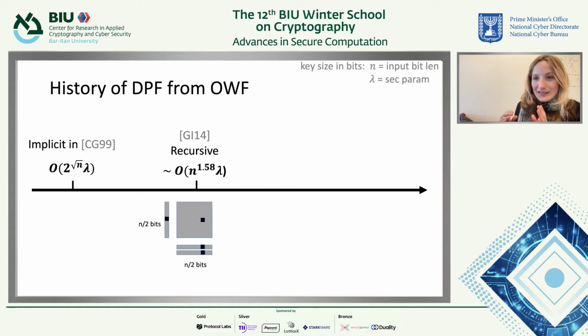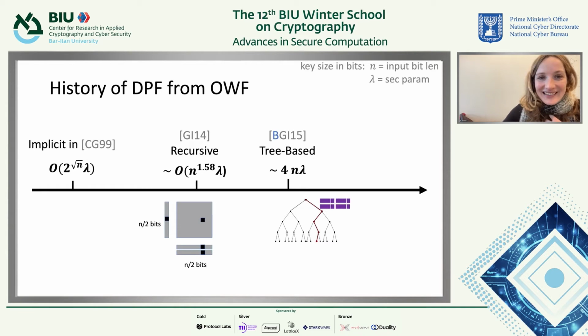And then each of those, in fact, is a point function that can be expressed as a tensor of smaller point functions and so forth. Not going into details there. And the complexity that you end up getting here: each time you cut the input bit length by half, but instead of getting one big point function, you end up getting three in the process. So here, this n to the 1.58, the exponent is actually base 2 logarithm of 3. But it's strictly more than n to the 1.